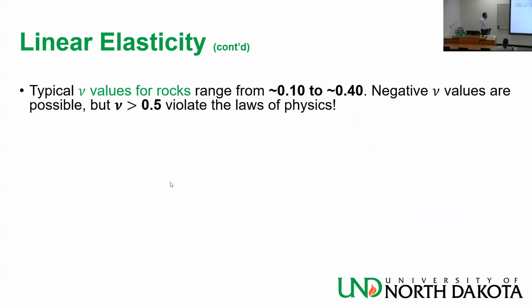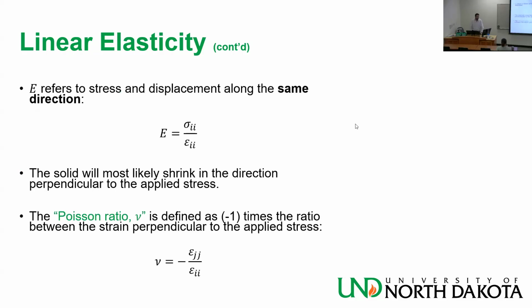Now, typical values of Poisson's ratio for rocks range from 0.1 to 0.4. By the way, from the equation that I showed earlier, what are the units of strain? Unitless.